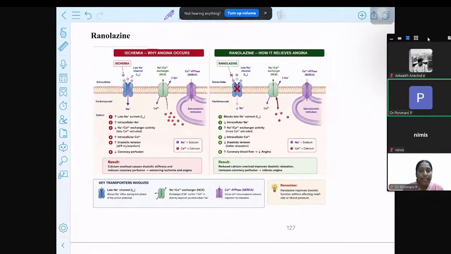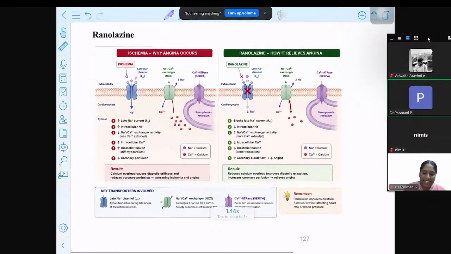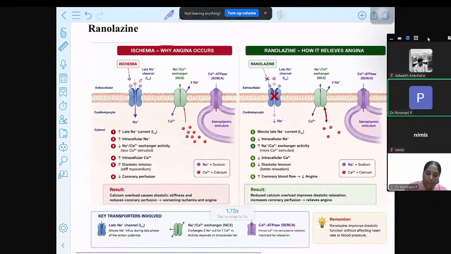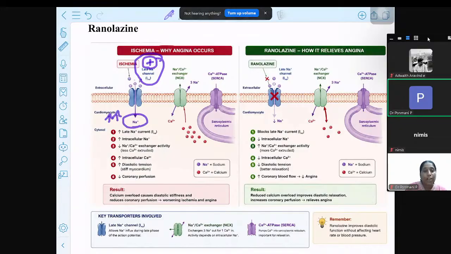Usually what happens is that in ischemia, there is going to be activation of the late sodium channels. When this late sodium channel is activated, what happens? There is going to be more intracellular sodium, which is already accumulated.